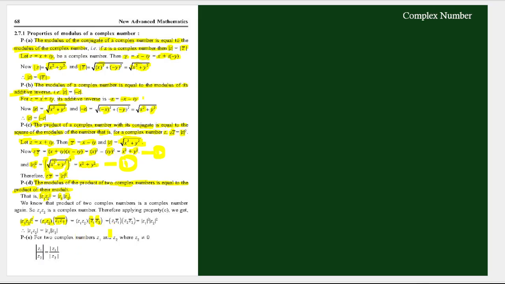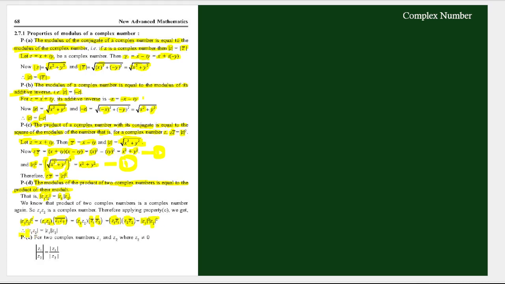So z1 conjugate, z2 conjugate. Then we can use the distributive property: z1 z2, both are multiplied, so we can write them together, and here also we can write them together, z2 z2, arranging it. Then again using property 3, z1 and conjugate of z1 will give us modulus of z1 square. z2 into z2 conjugate will give us modulus of z2 square.